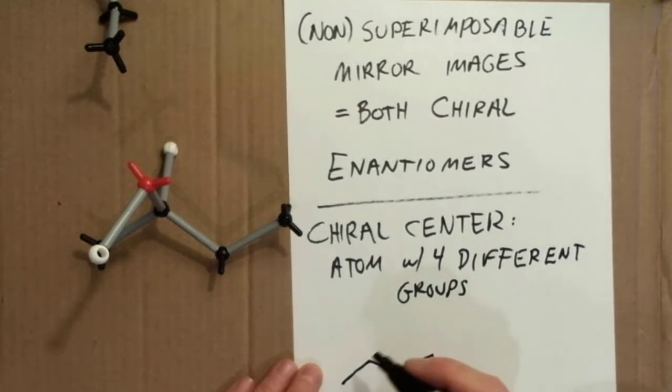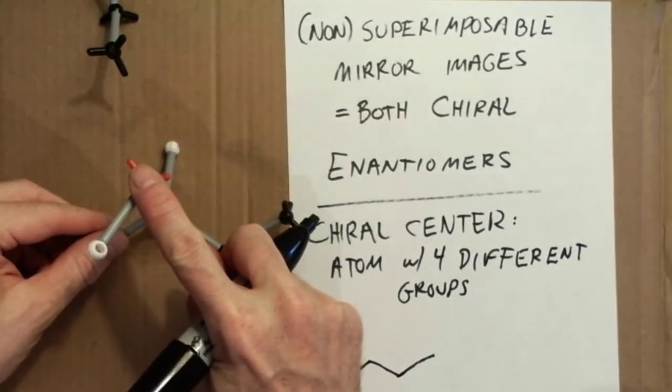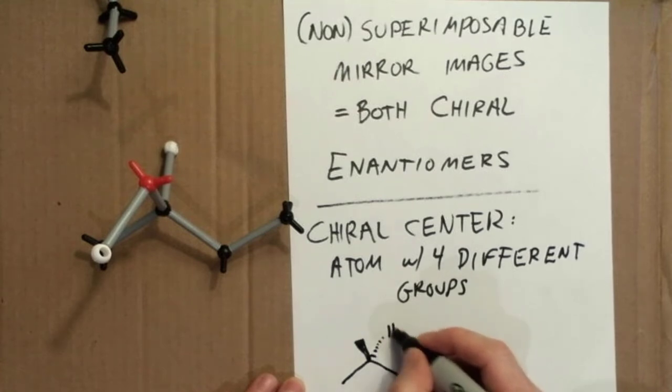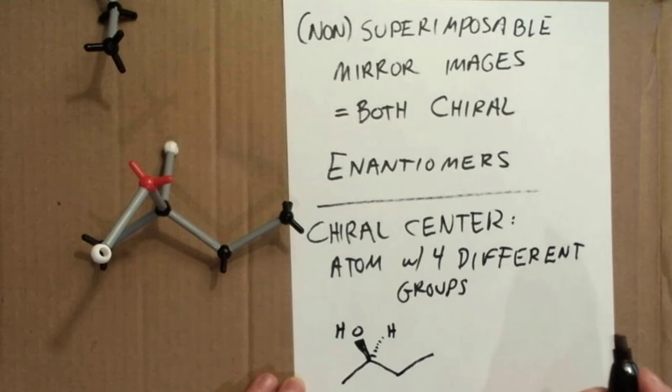Notice that the OH is sticking out at you and the hydrogen's in the back. So wedge is out, dash is back, and we'd put those groups like so.